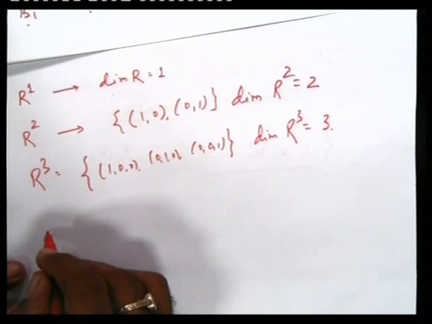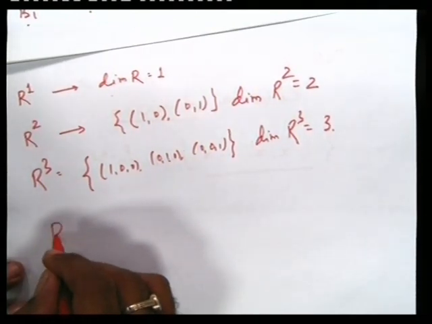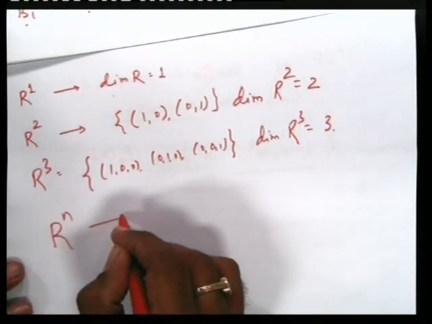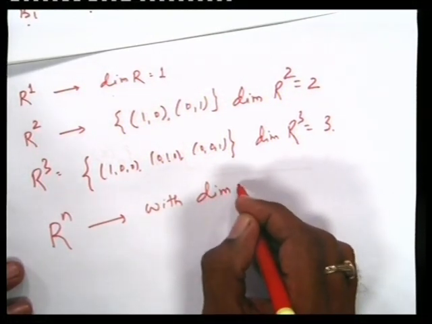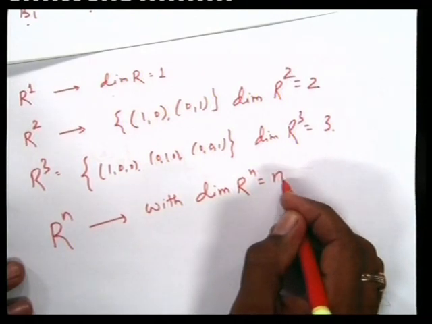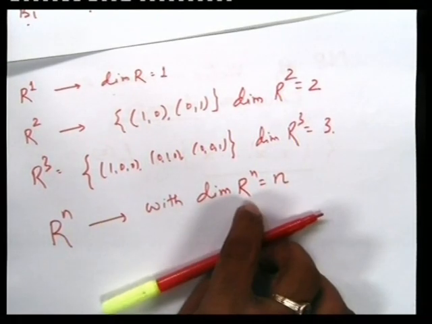Now, suppose we are given a vector space Rn with dimension n, and a non-empty linearly independent subset of this Rn with fewer than n elements. Then we can extend this set up to a basis for Rn.